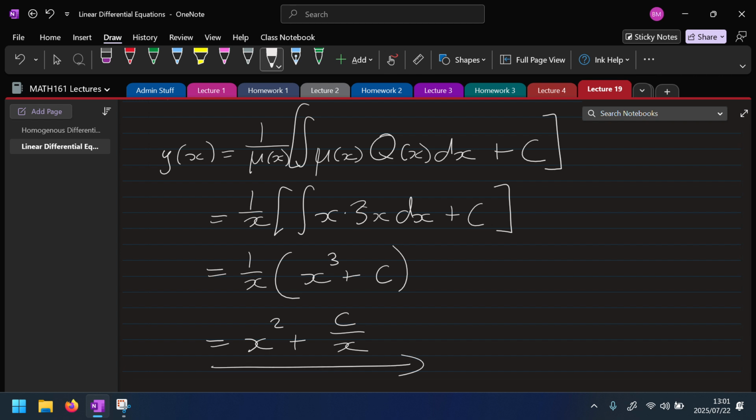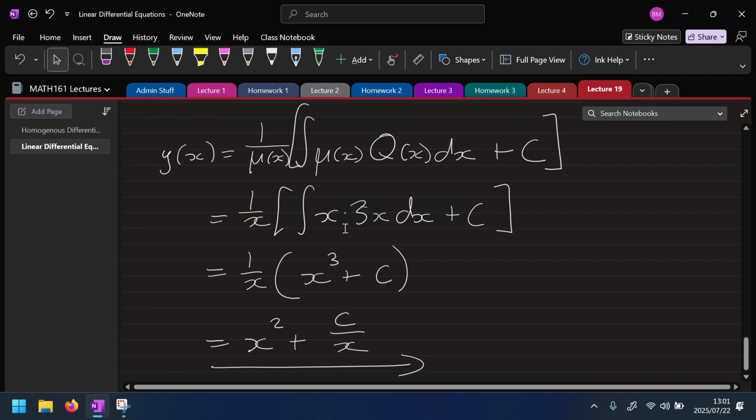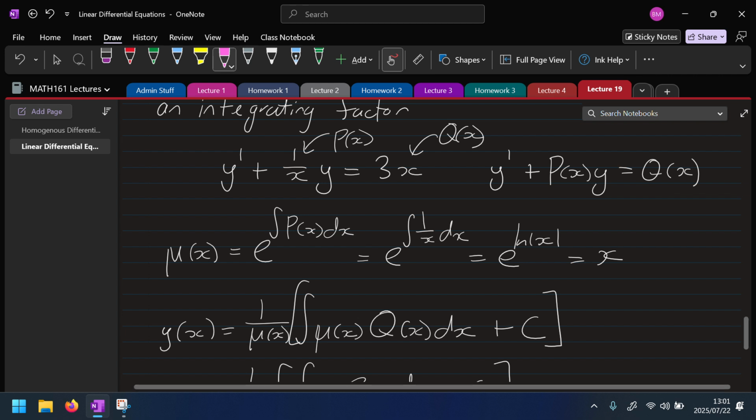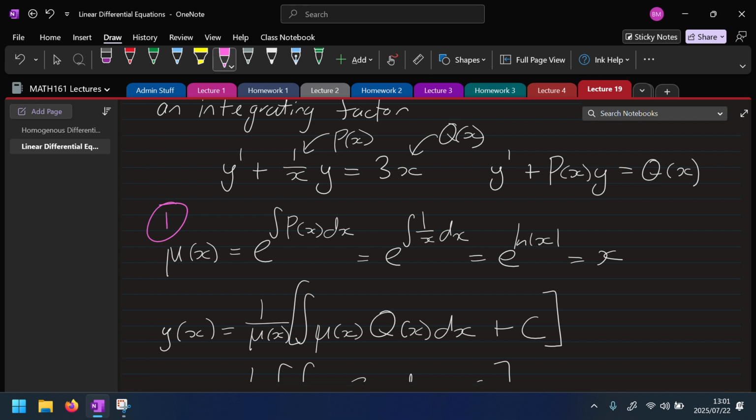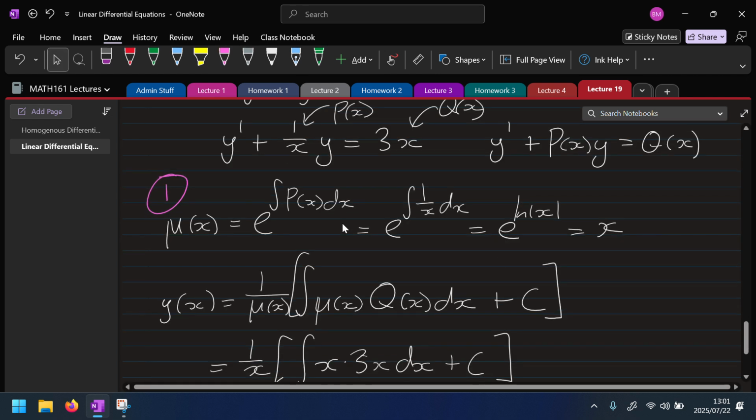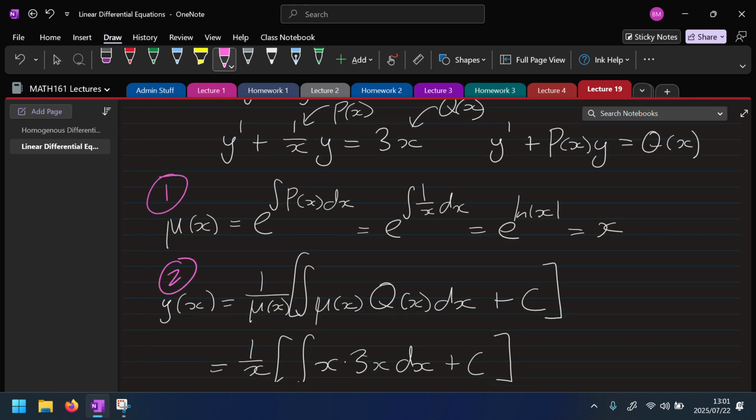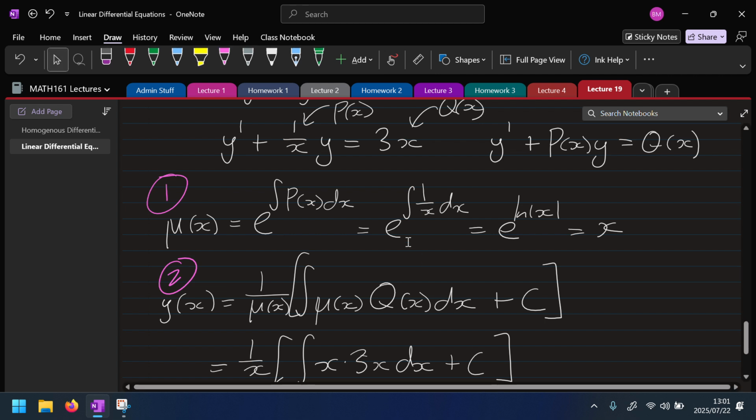And that's it. Okay, so again, 2 steps. Step 1, find the integrating factor. You've got that integral of p to do there. So you find your integrating factor, and then step 2, we just use that equation there to get y. Okay, that's it.